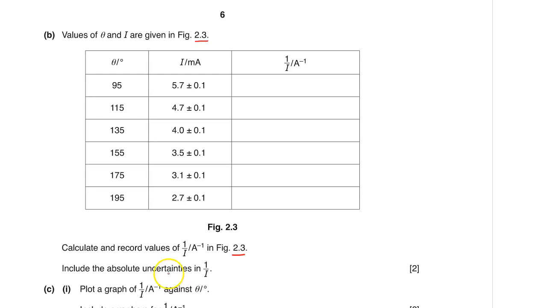Include the absolute uncertainties in 1 over I. So use your calculator and find this. You just type 1 divided by 5.7 times 10 raised to power minus 3. This is milli. When you do that on your calculator, you'll get a value of 175.